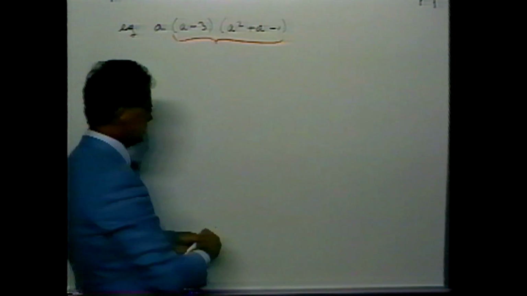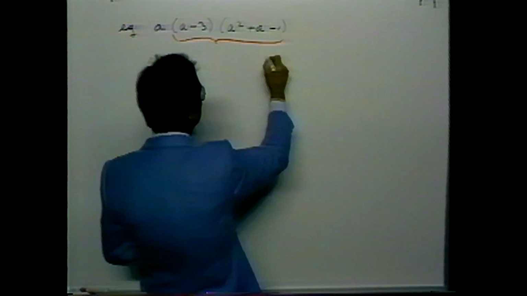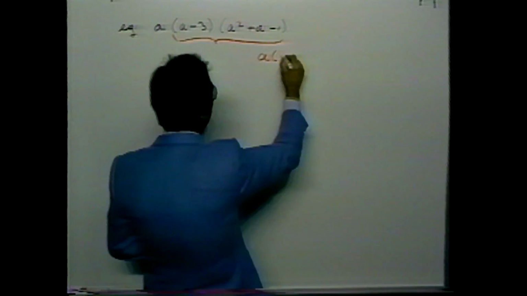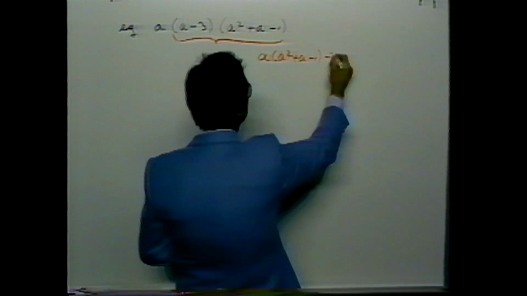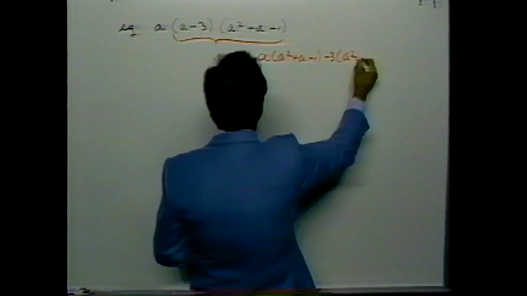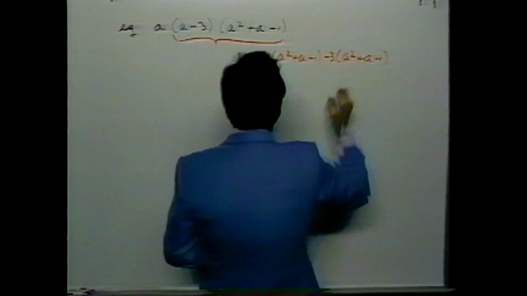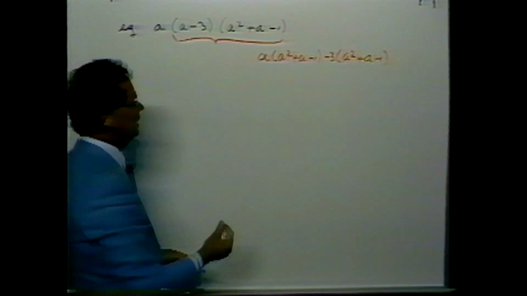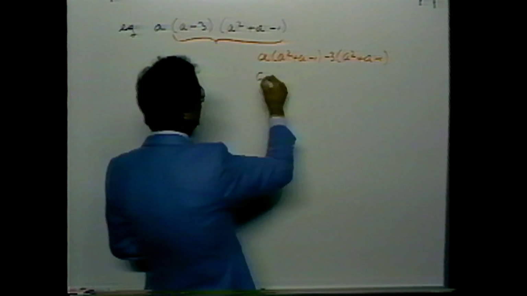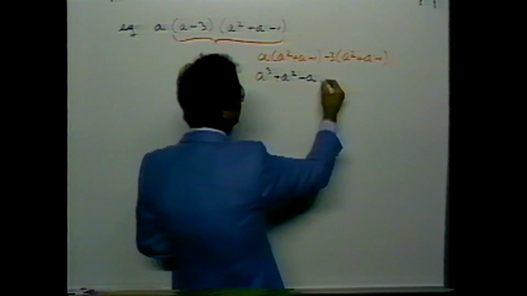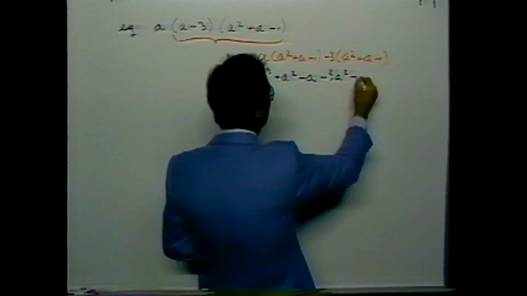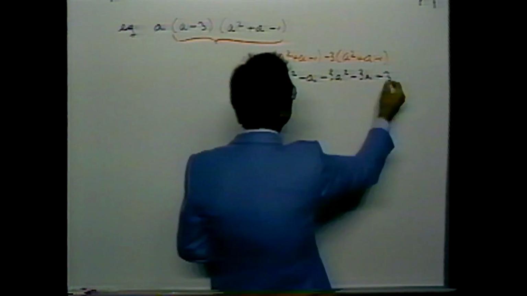We can then say that this is equivalent to a followed by a squared plus a minus 1, minus 3 followed by a squared plus a minus 1. Horizontal multiplication. This is a cubed plus a squared minus a. This amount is minus 3a squared minus 3a plus 3.